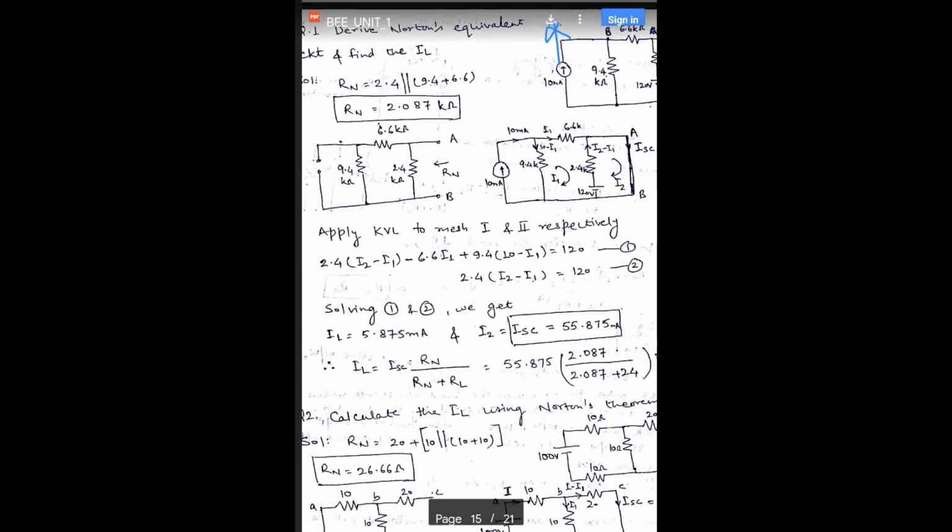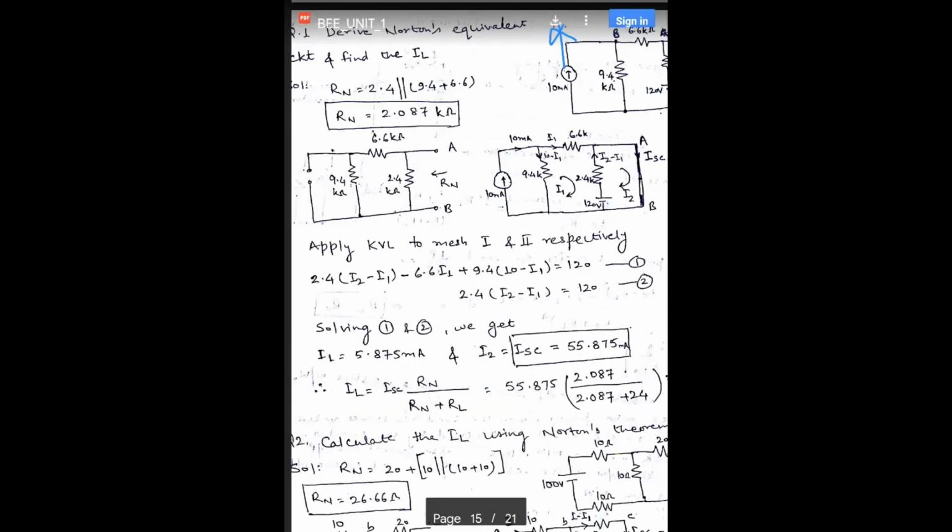While calculating the KVL, you can take the clockwise or anti-clockwise direction. It is immaterial because the sign will change if we take the undesired direction. Either we can take clockwise or, based on the polarity of the battery, we can take the direction. Here it is taken based on the polarity of the 120 volts.